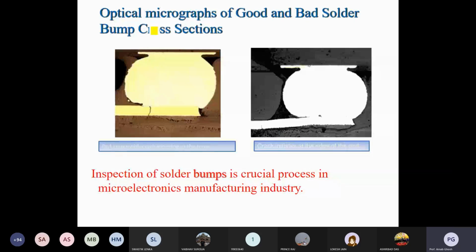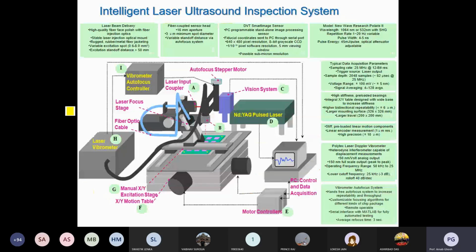This is an example of an intelligent laser ultrasound system. How does it work? Different points are given. Laser beam delivery is responsible for the fiber coupled sensor, so with the fiber you are sensing the signal strength, carried by the optical fiber.